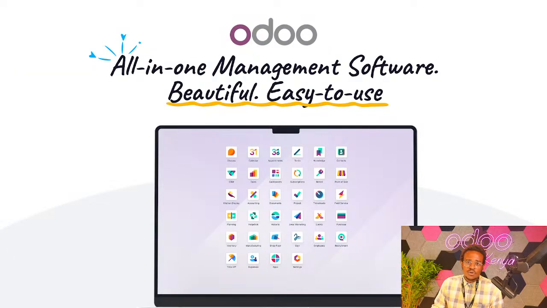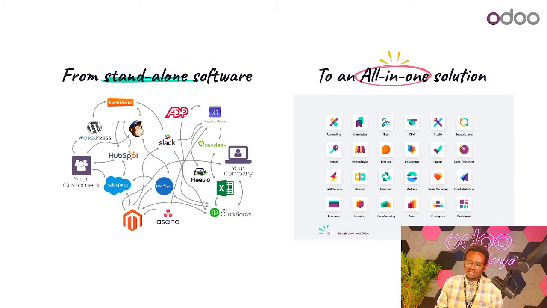Welcome aboard. So what is Odoo? Odoo is your all-in-one management software where you manage your business from a modular and integrated system. Think about it. Instead of having software for every operation that you do in your business, how about just having a platform where all applications are integrated?